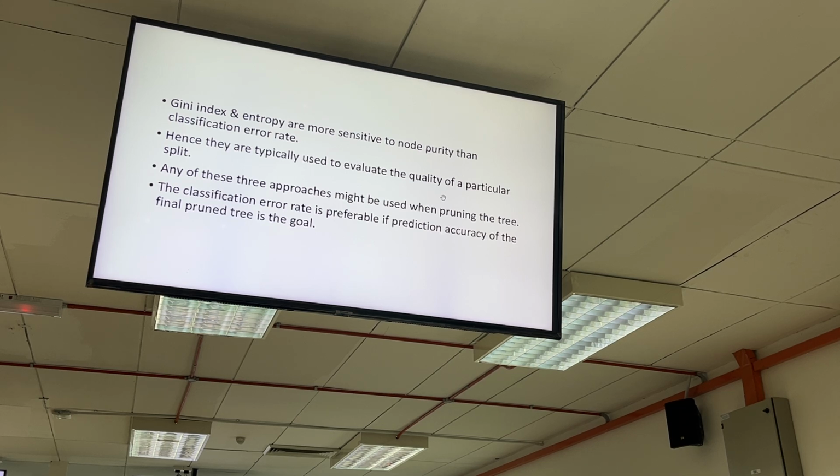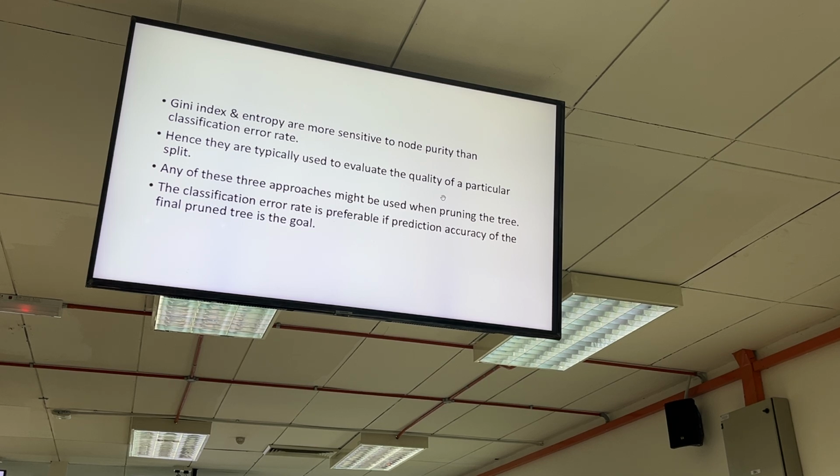The Gini index and entropy are more sensitive to node purity than the classification error rate, because here we focus on the purity of a certain node. Therefore, they are typically used to evaluate the quality of a particular split. Any of these three approaches might be used when pruning a tree.